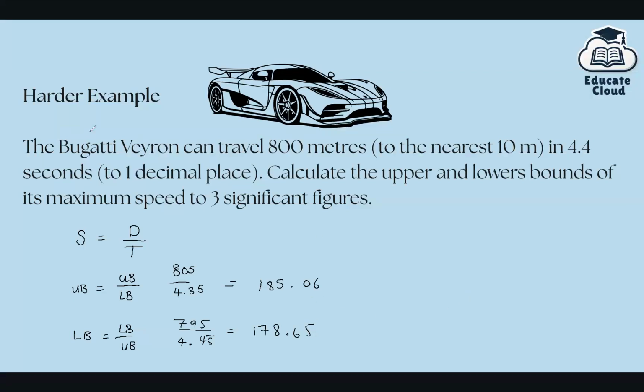Don't forget to round to three significant figures. You can write this as the speed is greater than or equal to 179, which is 178.65 rounded to three significant figures, and the upper bound is 185. That's how you would go about that question.